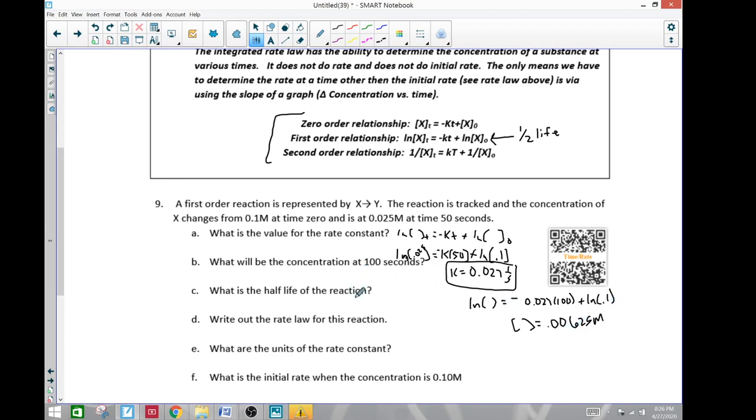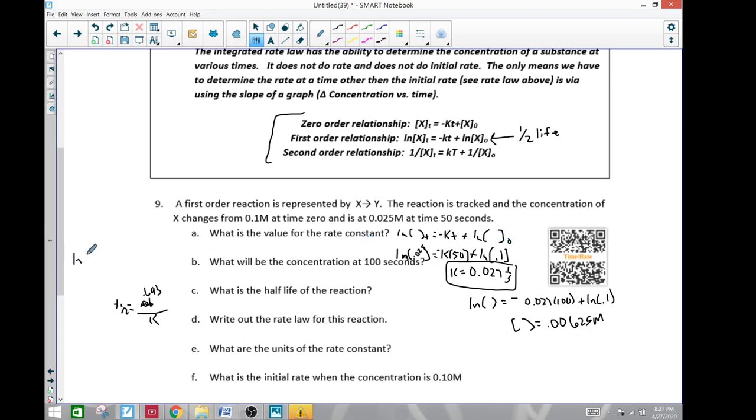All right, what's the half-life of this thing? Because it's first order, the time of one half is equal to 0.693 divided by the k value. Now this is a shortcut method. I could just use the same formula and put in 0.05. So I could do this.